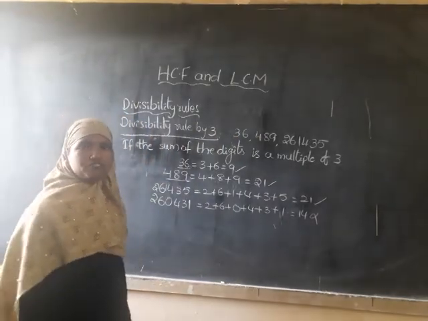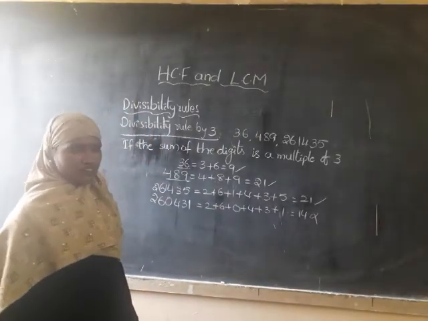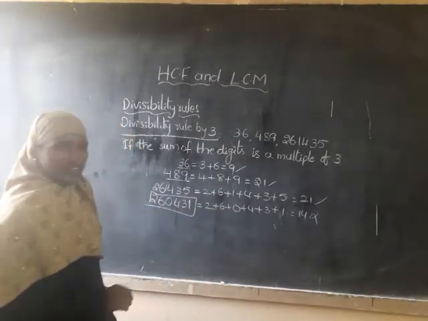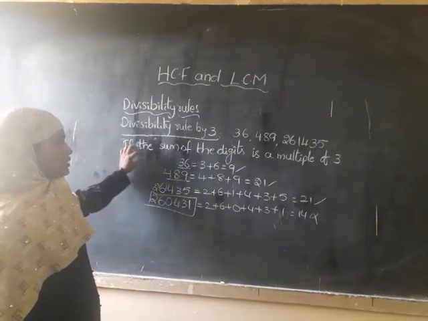In the 3 table do we have 17? No. So this number is not divisible by 3. This is the divisibility rule by 3.